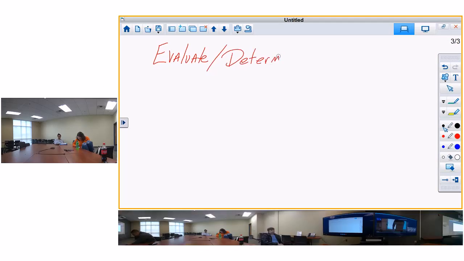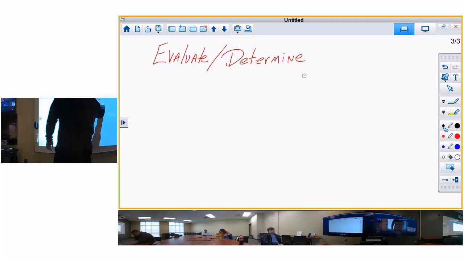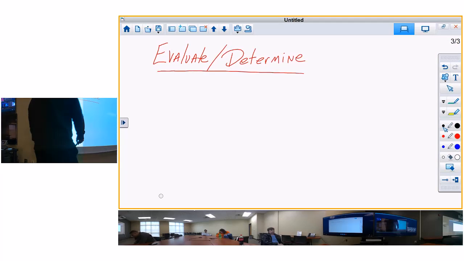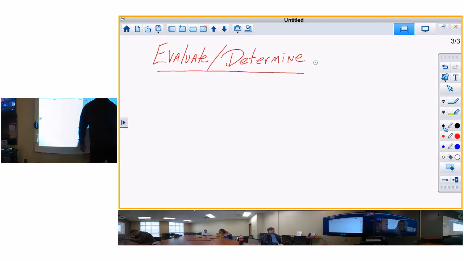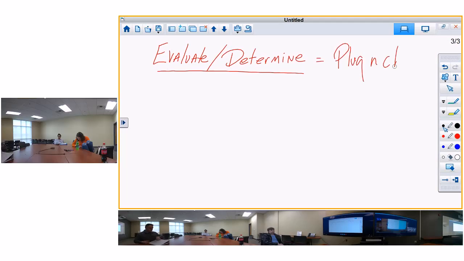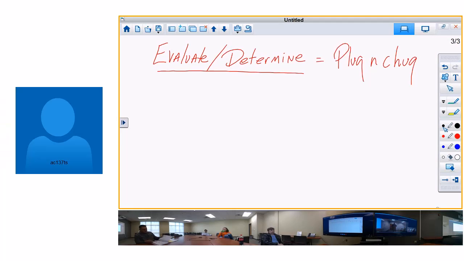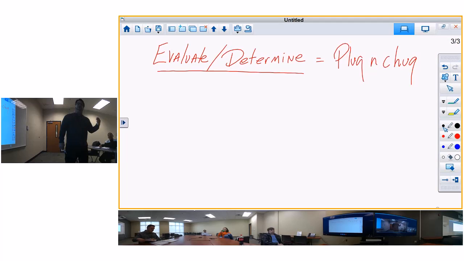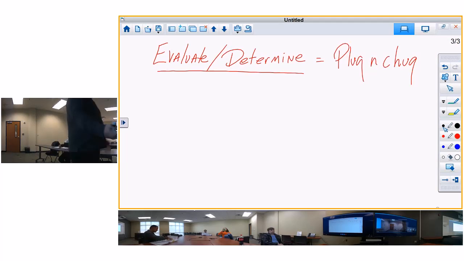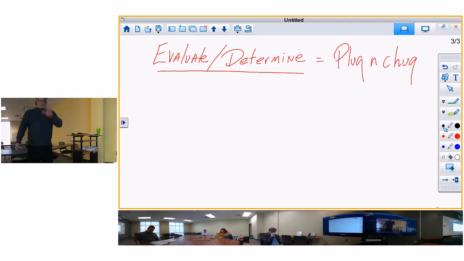And determine. Those 2 words in 25-cent layman's terms are plug and chug. When you see evaluate or determine, that means you're going to plug in a number for X, and you're going to plug a number for Y, and you're going to do the math. So whenever you see those 2 words, it's holding your pinky up words for plug and chug.